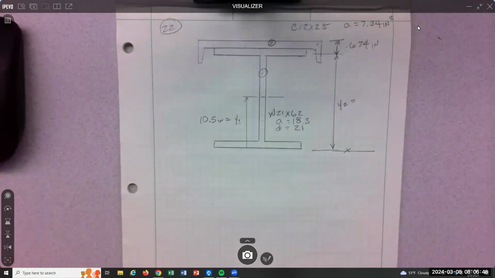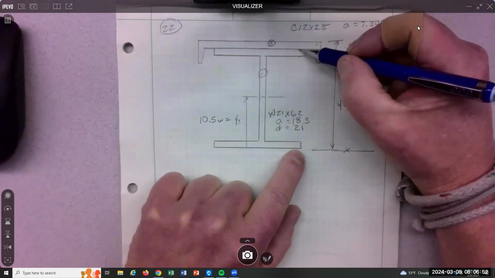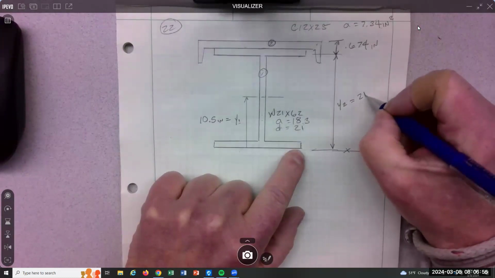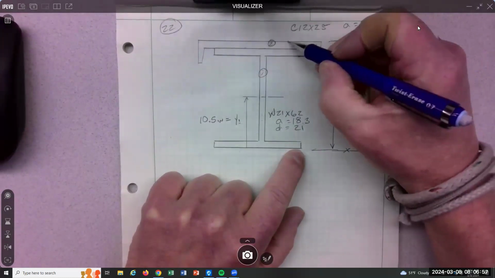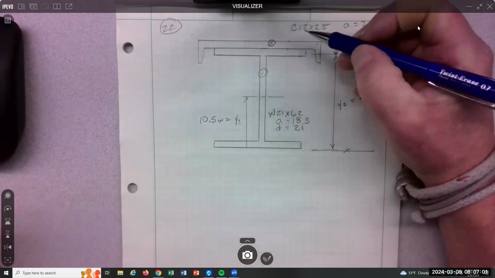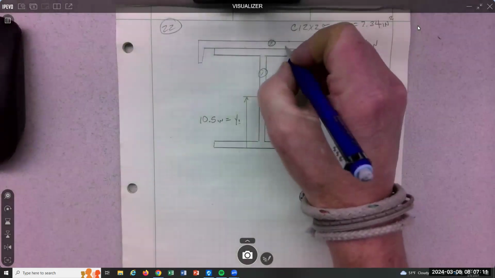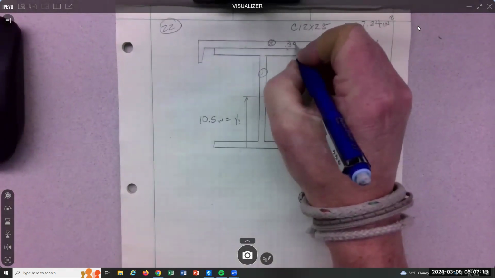So the way I do it is I take the I shape, which is 21, I add to it the thickness of the web of the C shape. So we're going to look that up unless somebody has it. It is t_w, thickness of the web: 0.387.